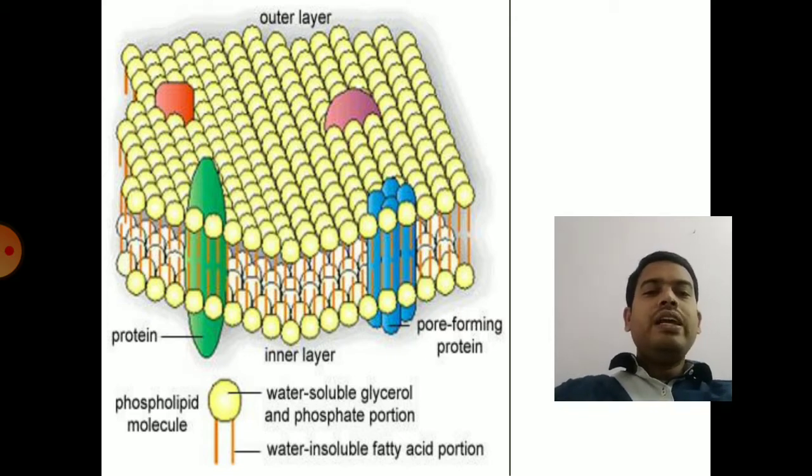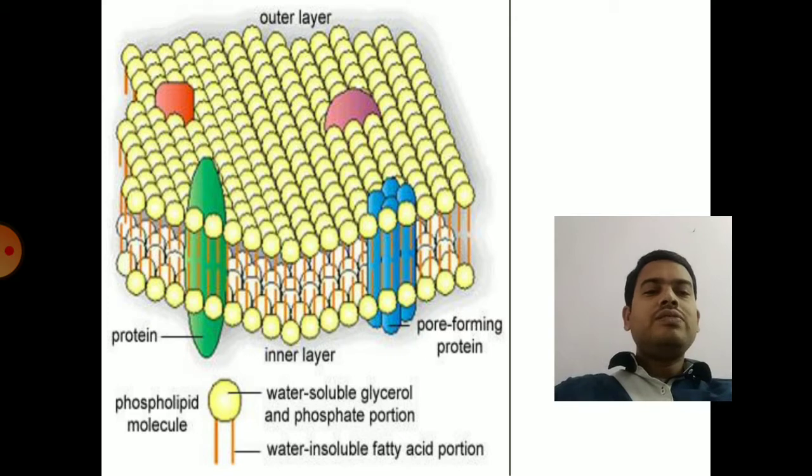The lipid bilayer contains proteins embedded in it, and these proteins are integral or intrinsic proteins as well as extrinsic proteins.